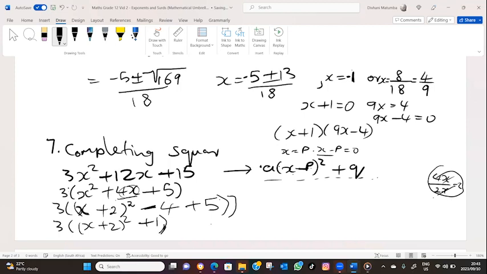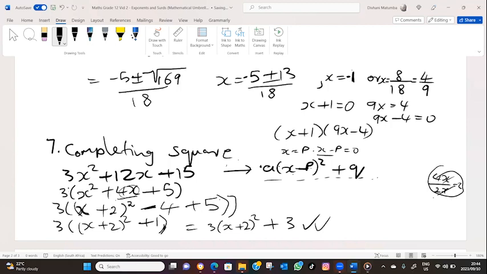So we can also write it as 3 into x plus 2 squared plus, multiply 3 by that expression, this is what we're going to get. Multiply 3 by 1, we're going to get 3. You can write it in that form. That is what we call completing the square.